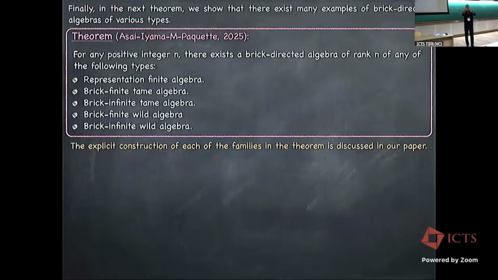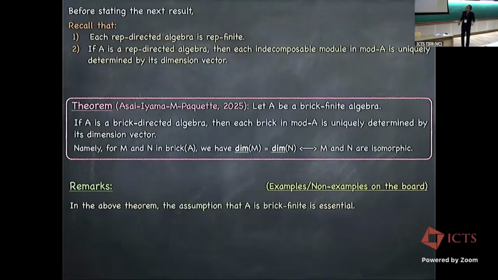And inside each dimension vector, you have orbits of modules, right? This theorem says, when you pick up your arbitrary dimension vector over a finite brick-directed algebra, inside that variety, there can be at most one brick.